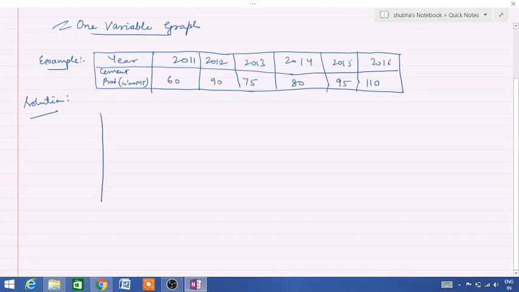For this we have to take a y-axis and x-axis. What you have to remember is that time always has to be mentioned on the x-axis. That means years are to be mentioned on the x-axis, and the cement production in 1000 million tons will be given on the y-axis.